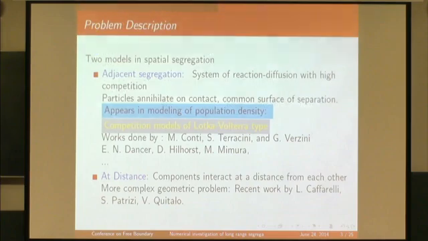So here we have a common surface of separation, or our interface free boundary, and it appears in population density. The model of Lotka-Volterra type has been studied a lot. There has been much work, and since I'm using some theoretical results by Terracini and her colleagues, I just mention a few of them.